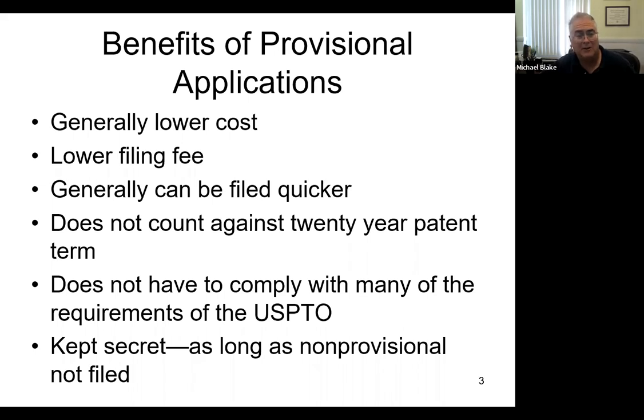It's not called public PAIR, I forget what it's called. But the provisional would become available after the publication date of your non-provisional that claims priority to the provisional. But if you file a provisional and then you end up not filing any sort of non-provisional, then your provisional will remain secret and it won't be available to the public.